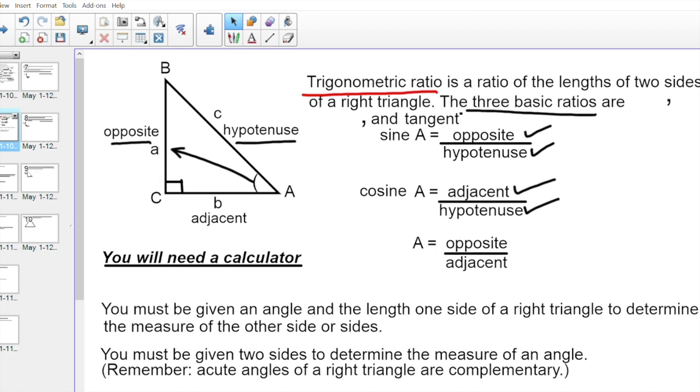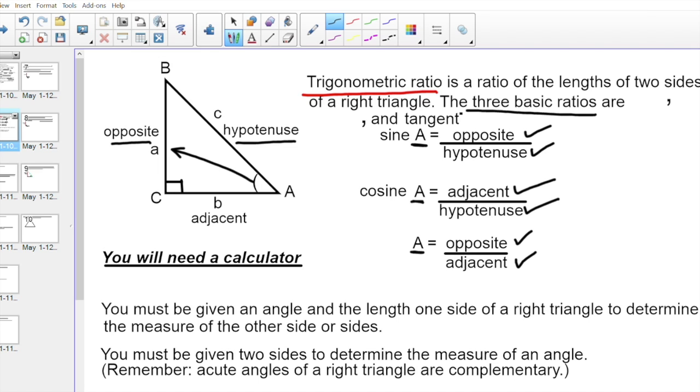Now you must understand, if you use the word cosine or sine or tangent, you've got to have a reference angle. And our reference angle is A. That's the angle that we are speaking about. Then you go to the third ratio. Now if you'll notice, we used the hypotenuse twice. We have not used the opposite and adjacent together.